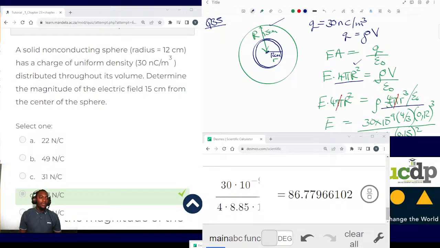It will help you know the radius of your Gaussian surface, whether it's supposed to be enclosed or greater than the radius, considering where you're supposed to calculate the electric field strength.